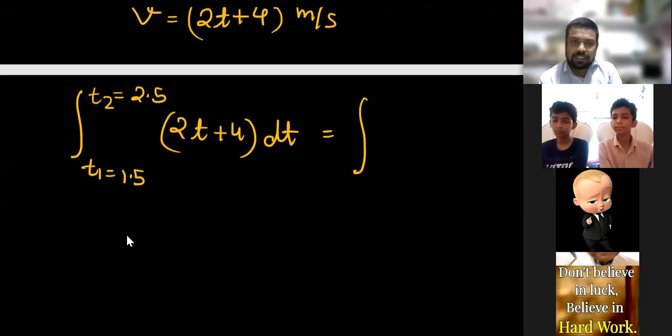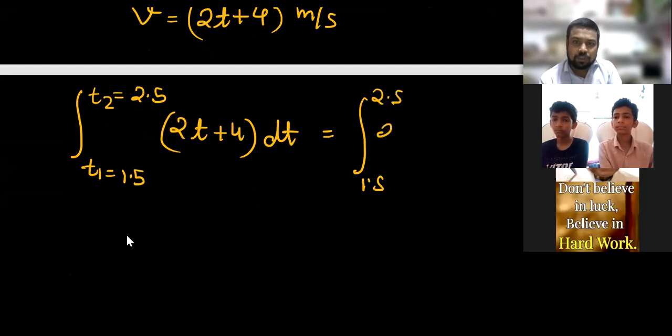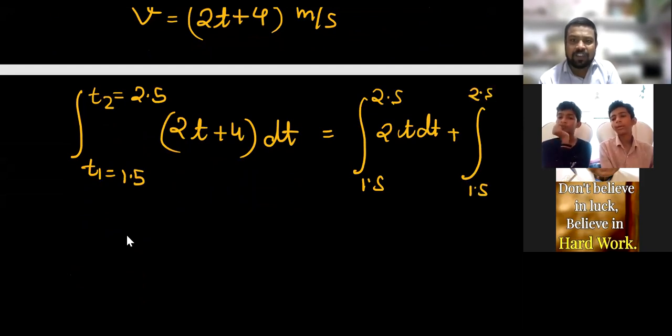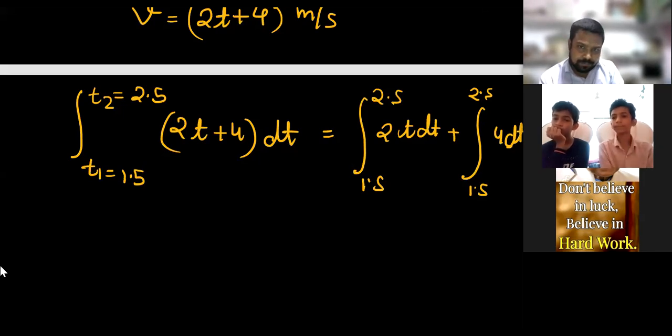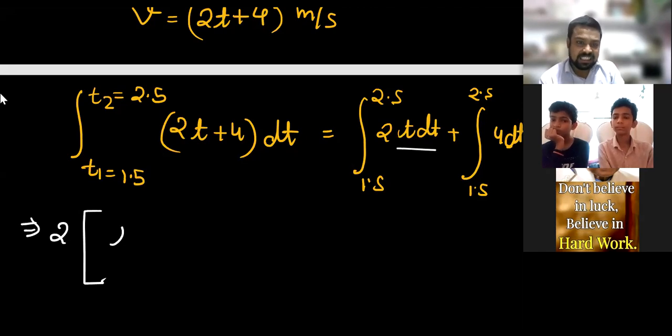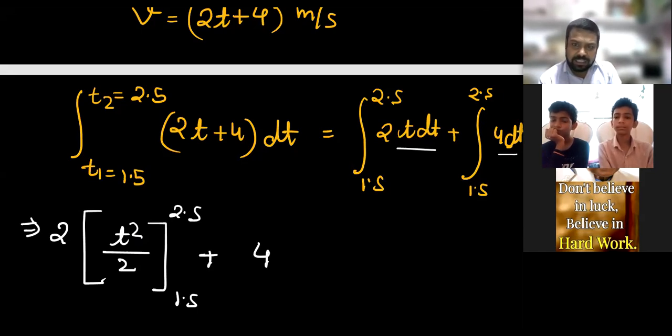First, the integration from 1.5 to 2.5 of 2t dt plus the integration from 1.5 to 2.5 of 4 dt. The integration of t dt is t square by 2, limit 1.5 to 2.5, plus 4 times the integration of dt, which is t, limit 1.5 to 2.5.